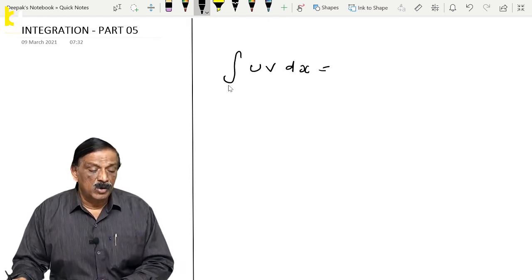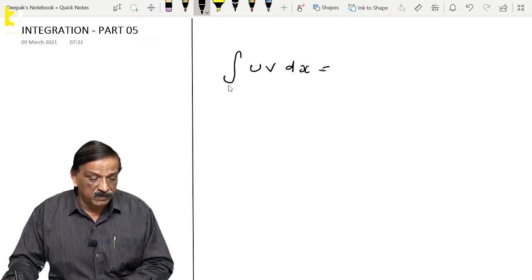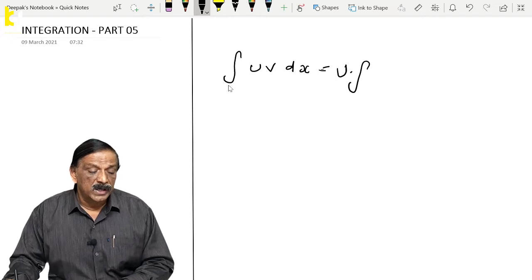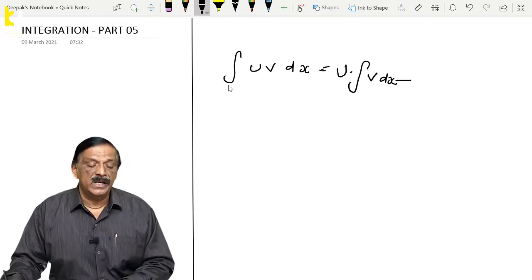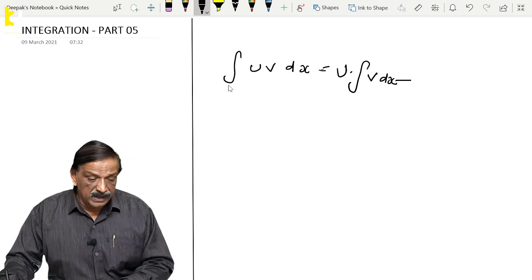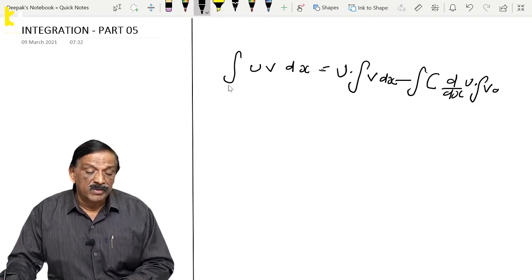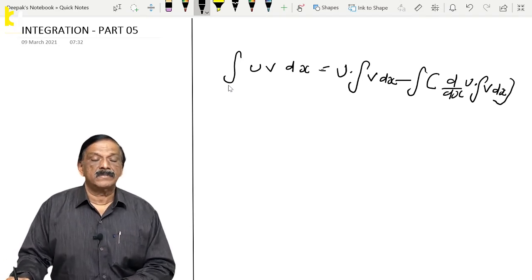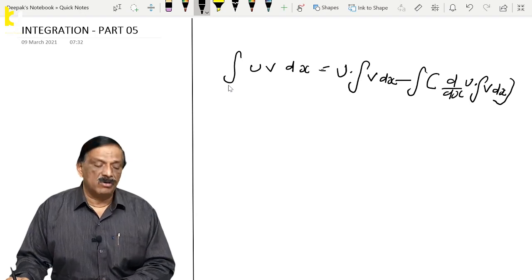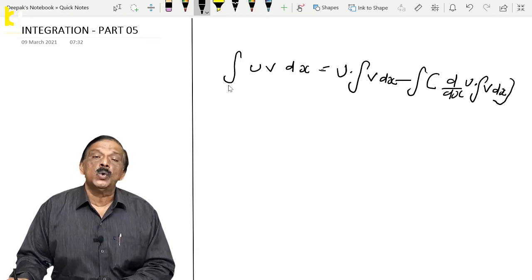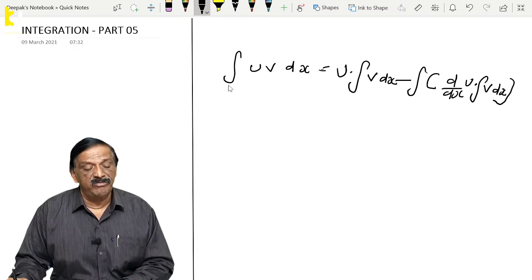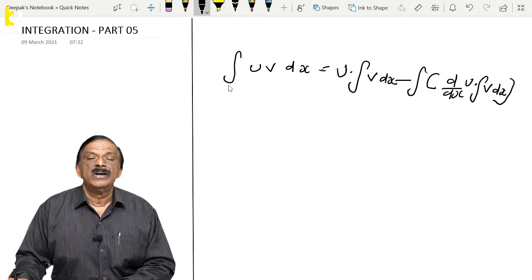Integral uv dx is equal to first function into integral of second function, that is u into integral of v dx, minus integral of d by dx of first function into integral of second function.